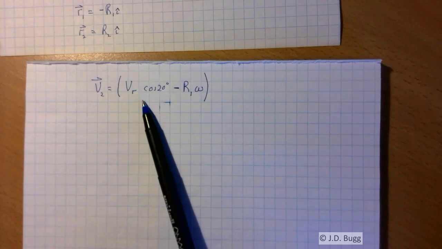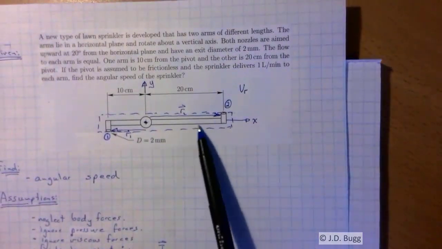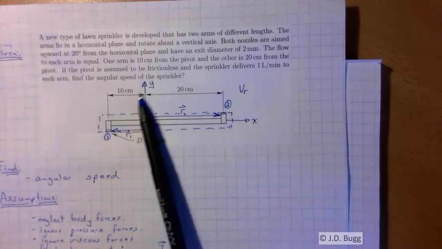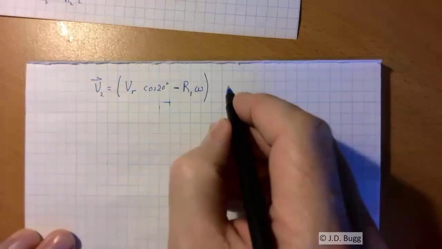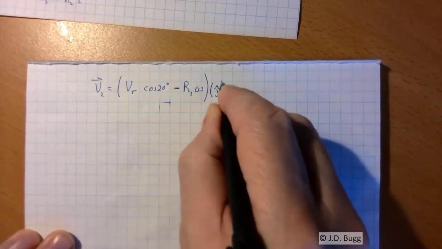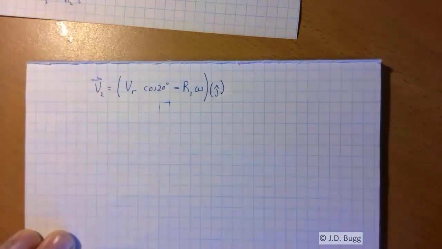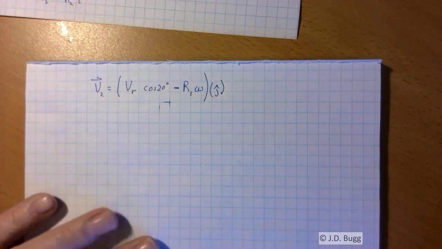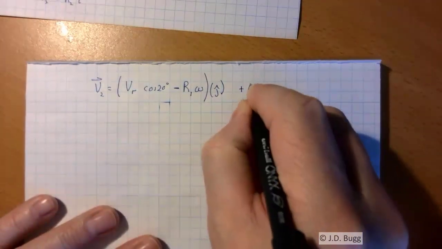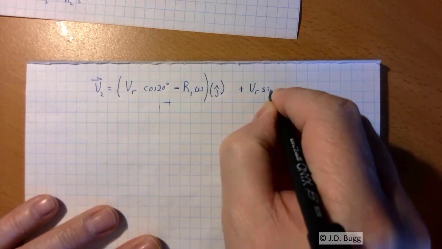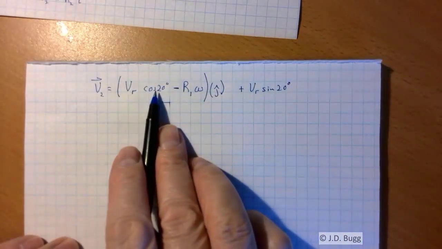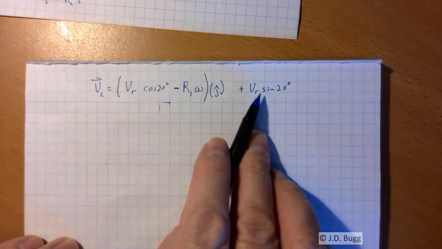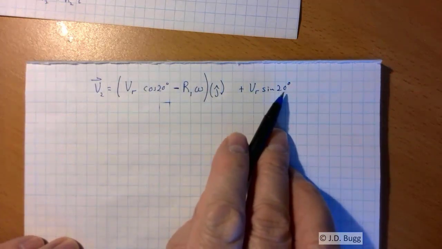Now, what direction is this thing in? Well, this is in the positive J hat direction, right? So I need to take this, it's not a vector yet, but I need to multiply that by J hat, give it the correct direction. So that's the J component. Now we're also going to acknowledge here that there is another component. So the other part of this, VR cos 20, is in the J direction, VR sine 20 is in the K hat direction.